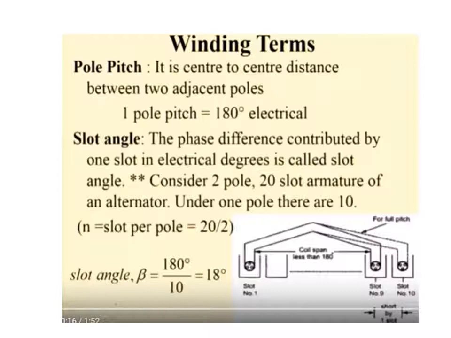Steam turbines provide the mechanical energy to the alternator, which generates a very high EMF and is suitable for a high speed turbo alternator. These are the main differences between the salient pole type rotor and the cylindrical or non-salient pole type rotor. It is a very important question asked in old question papers: what are the differences between the salient pole type rotor and the cylindrical pole type rotor?